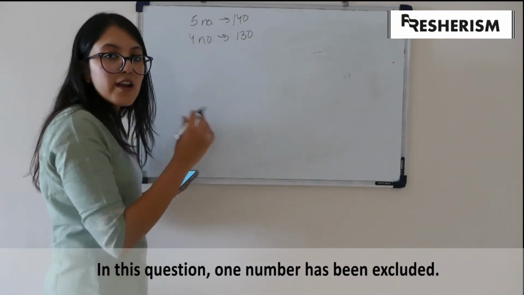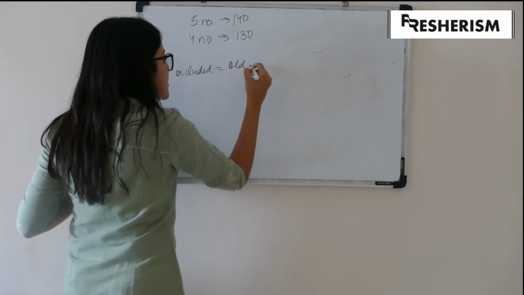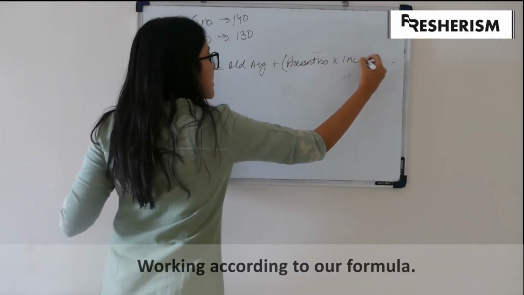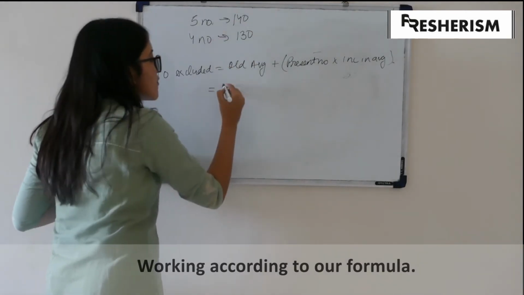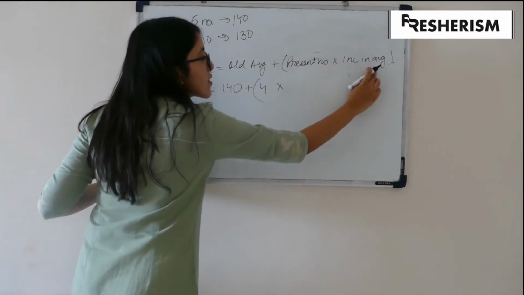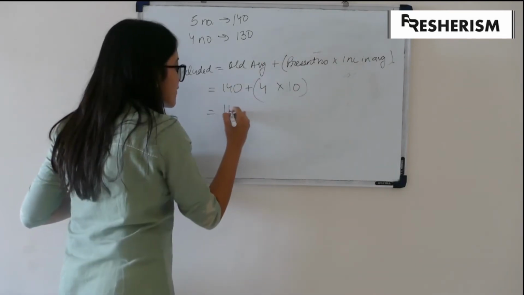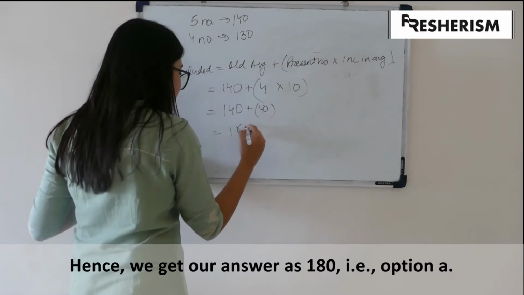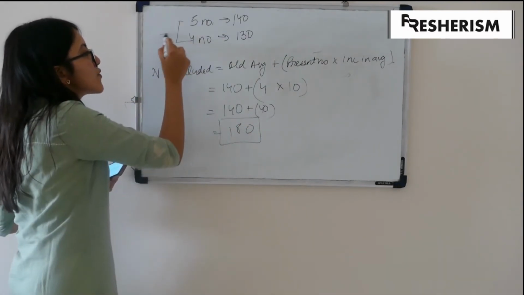We need to find the value of the excluded number. Moving on with our formula, old average plus present number into increase in average. Therefore, we get our old average as 140 plus our present number as 4 into increase in average, which is 10, that is 140 minus 130. Therefore, we get 140 plus 40, which is 180. Hence, 180 was the number which was excluded from this.